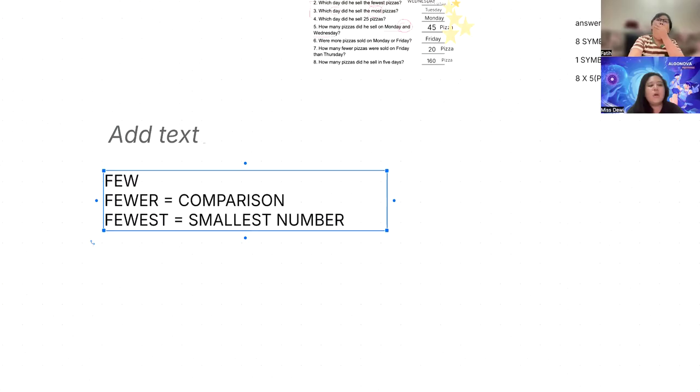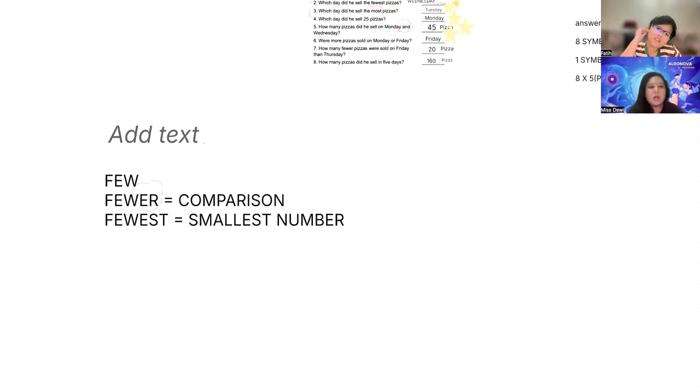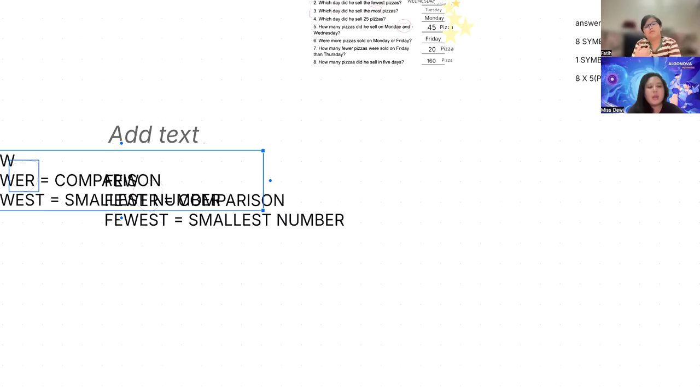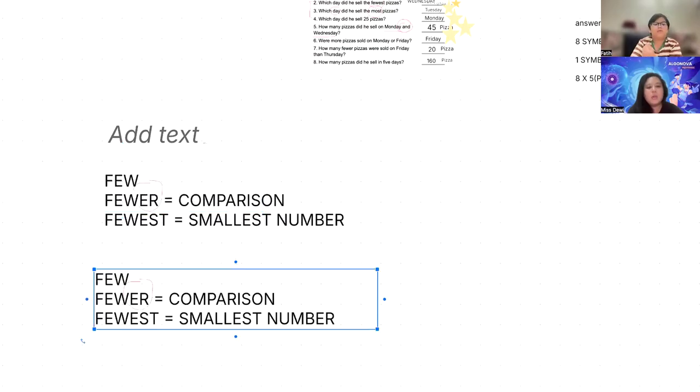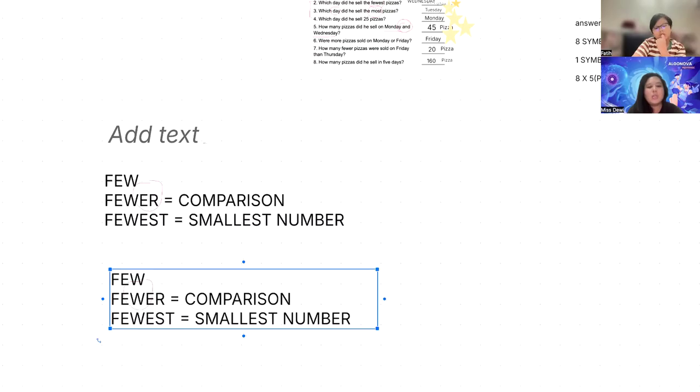If you see the word fewer, in English there are terms where every time you use er at the end of the word, it means you see something in a comparison situation.